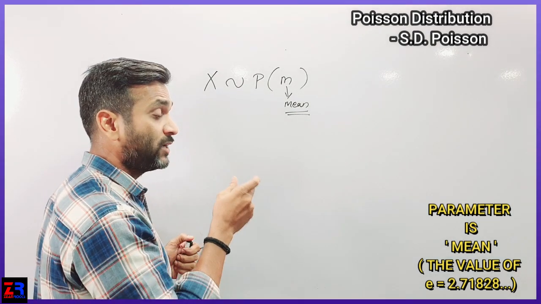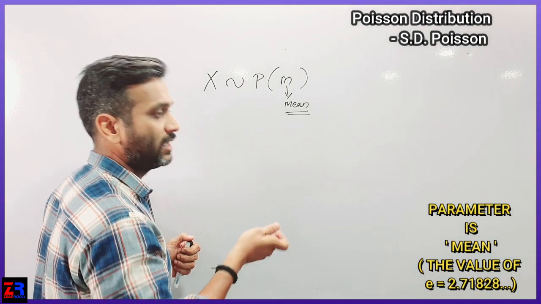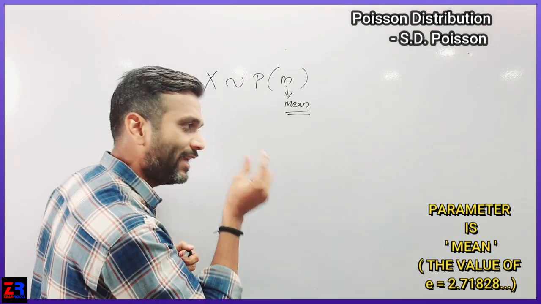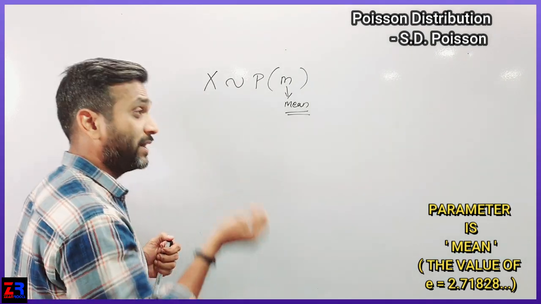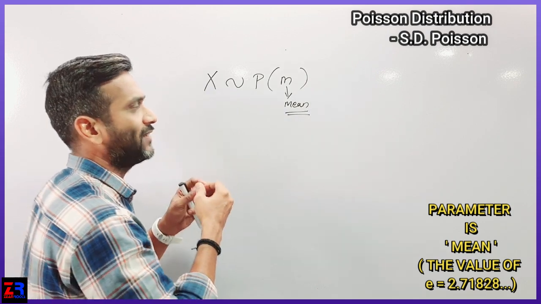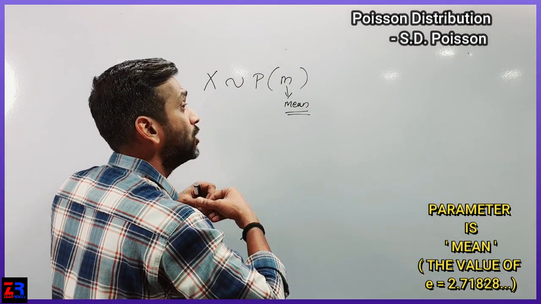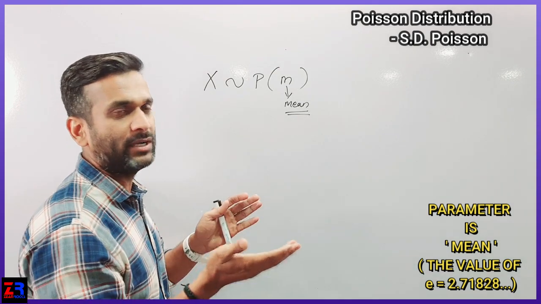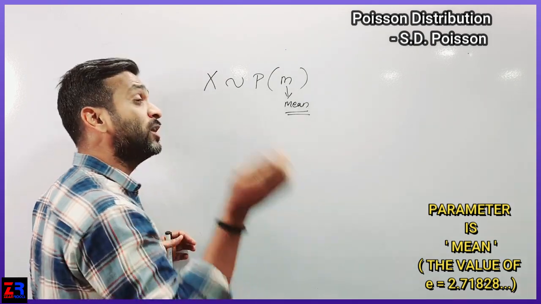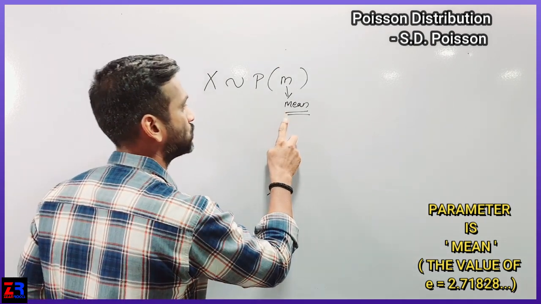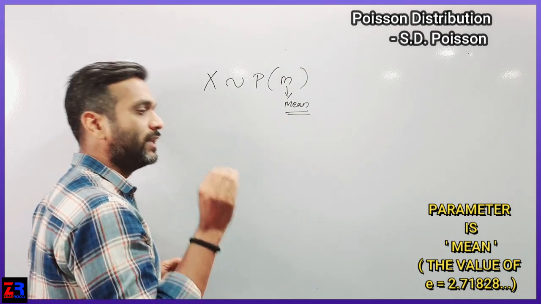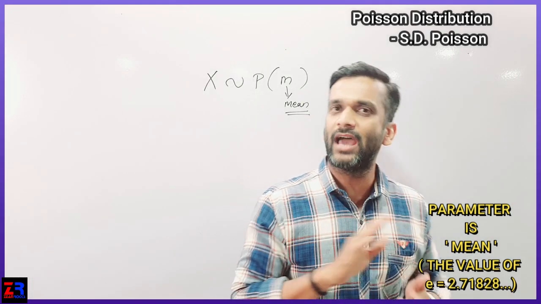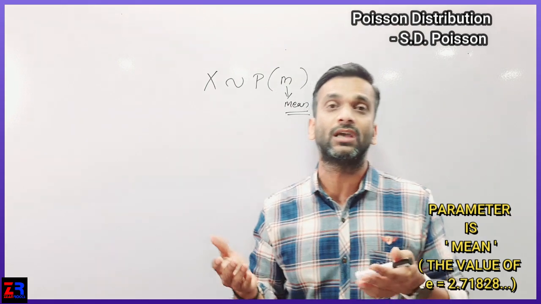The difference between binomial and Poisson is, in binomial the value of n is small, but in Poisson distribution the value of n may be too large. That is why n is not taken as a parameter in Poisson distribution. So in Poisson distribution there is only one parameter, that is m. We need to find the value of m and we will get the answer by using a formula.